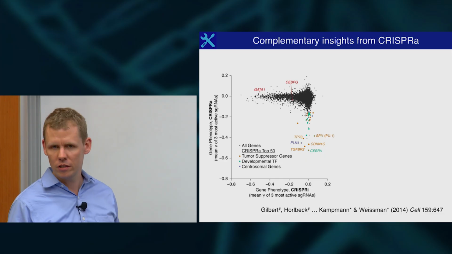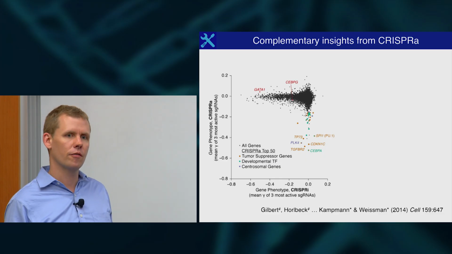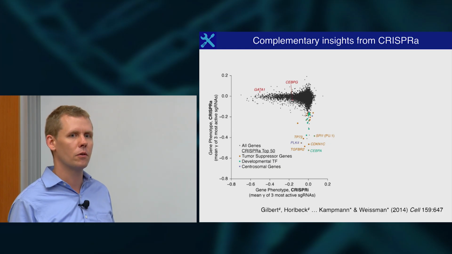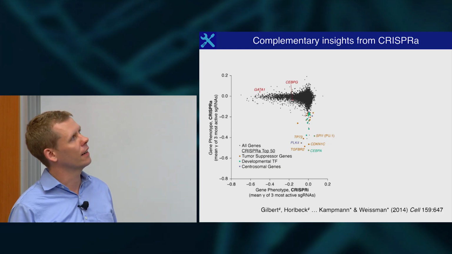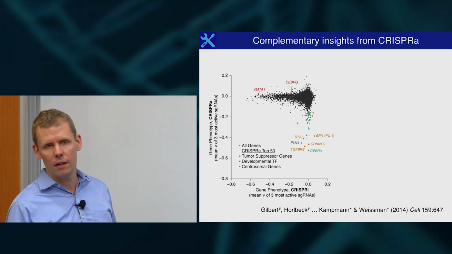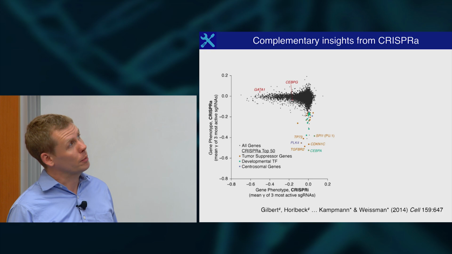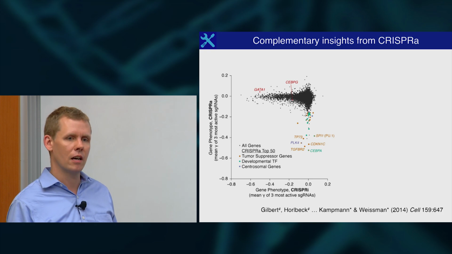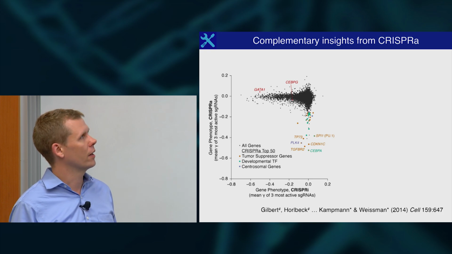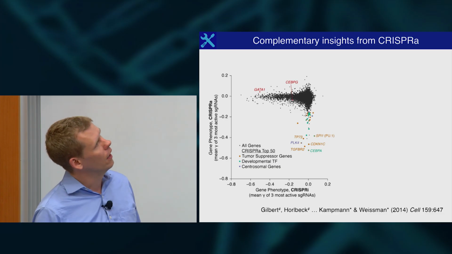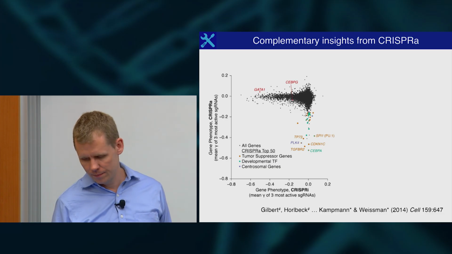They're tumor suppressor genes. That makes sense. If you think of tumor suppressors, they're the brakes on cell growth in cancer cells, and when you overexpress them, these cancer cells grow less. That was true here for some of them. Or they were developmental transcription factors, so maybe driving these cells down a differentiation pathway, and that also interfered with growth, and some centrosomal genes.